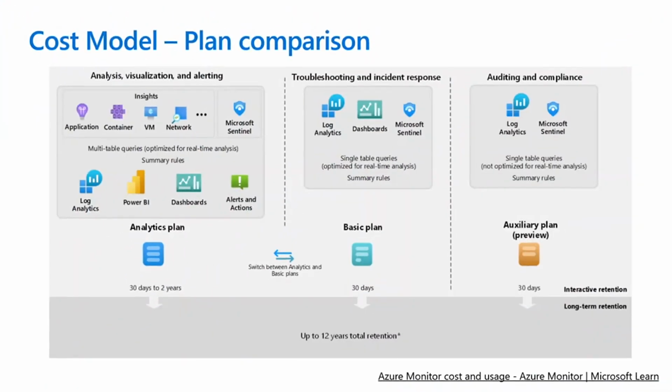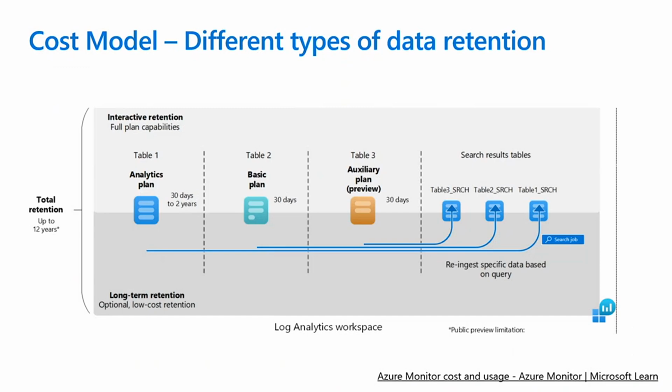I will not go into all the details here, but basically you have an analytics and basic plan and an auxiliary plan. In the link below, it's very well documented what the differences are there. So that's also affecting how long the interactive versus the long-term retention is, etc. So that is documented in those links, and this is for you to find as a reference. Same here.